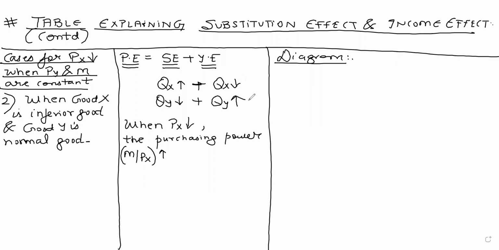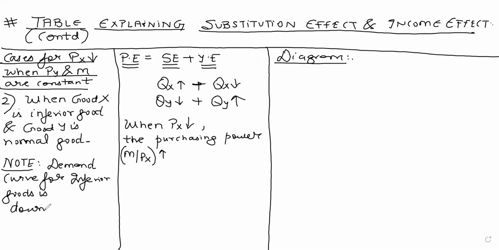Okay, and if you all can recall from my previous lecture, where I had drawn a table to explain substitution effect and income effect, all of you can recall that the demand curve for inferior goods is downward sloping.